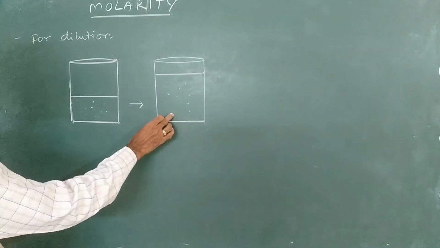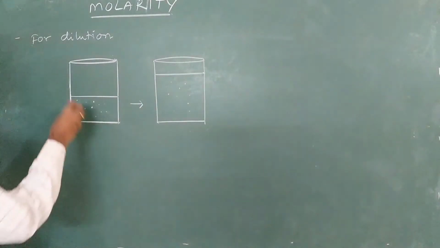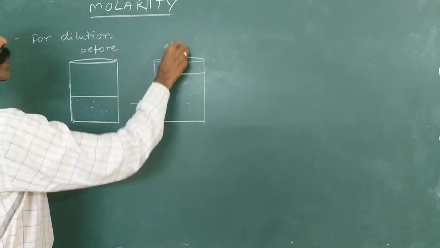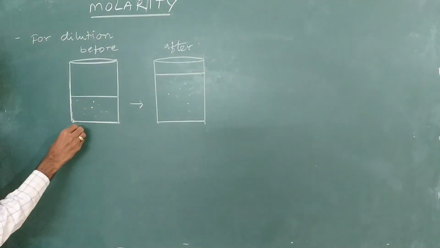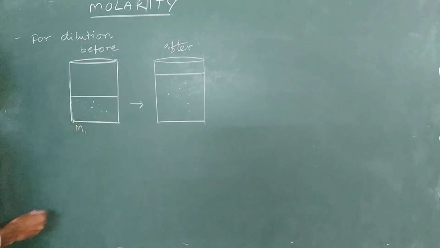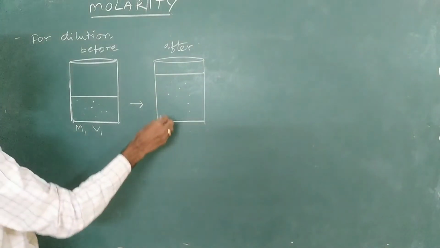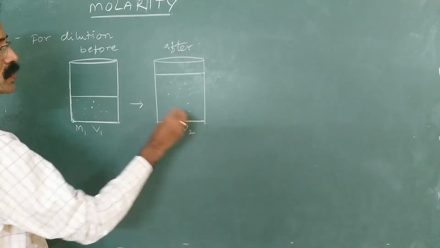This is the solution before dilution, and this is the solution after dilution. Now the molarity of the first solution is M1 and its volume is V1, and the molarity of the new solution is M2 and its volume is V2.